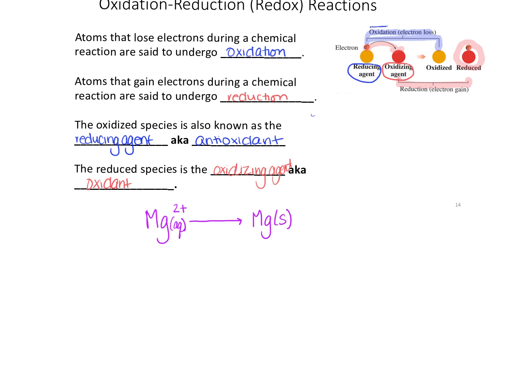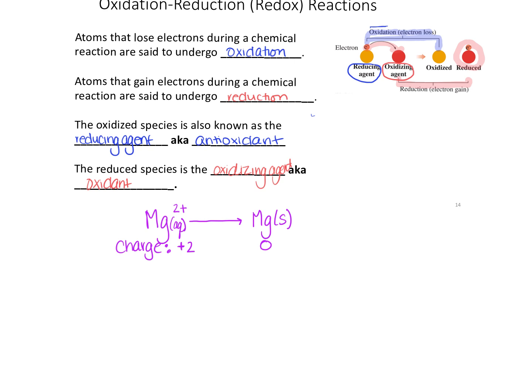When we look at magnesium here, we see the charge on magnesium is +2 in the reactants. When we look at magnesium in the product, it doesn't have a charge there. If it's all by itself, it means its charge is 0. It doesn't have a +1, it doesn't have a -1, it's 0.